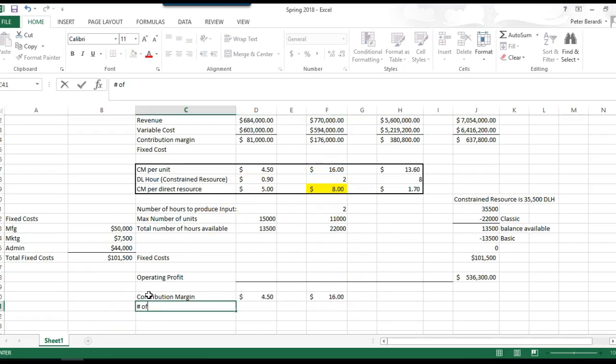Number of units to produce based on the constraint. In this case, we could only produce 15,000 out of 18,000, and we could produce all 11,000 out of the Classic.